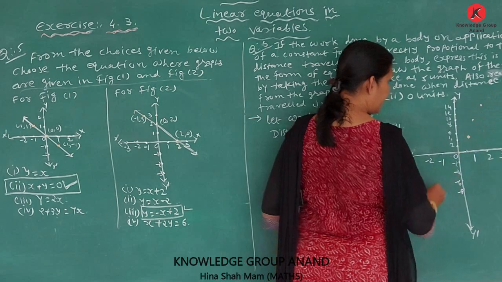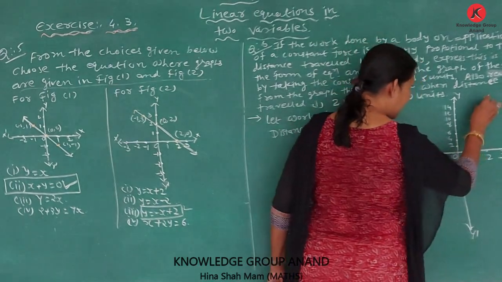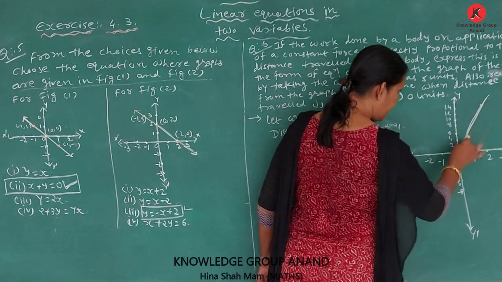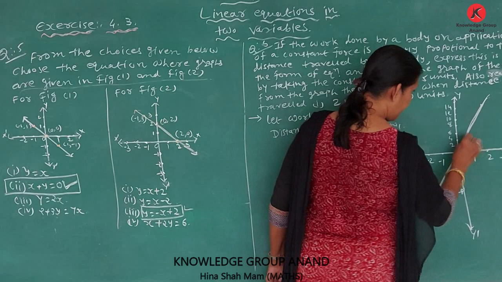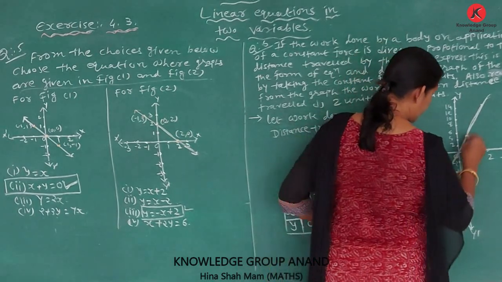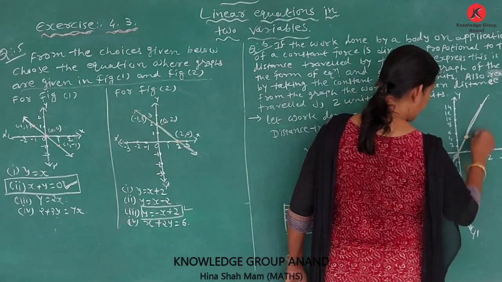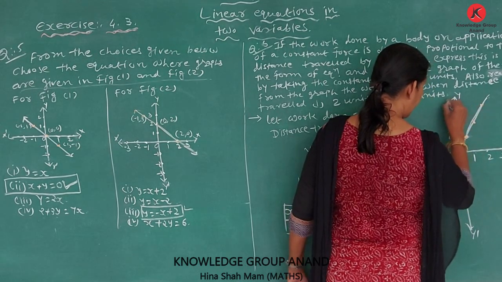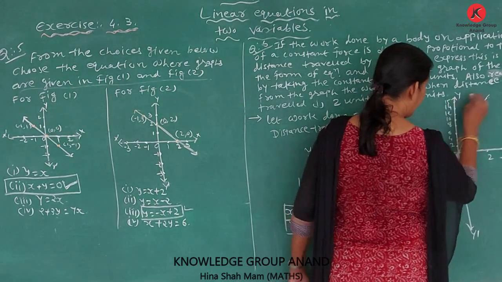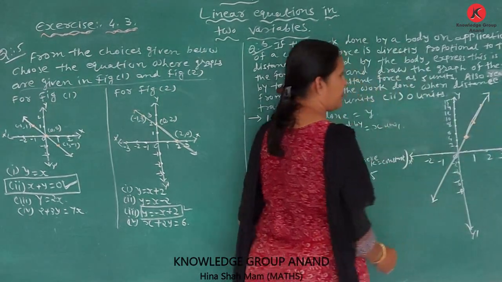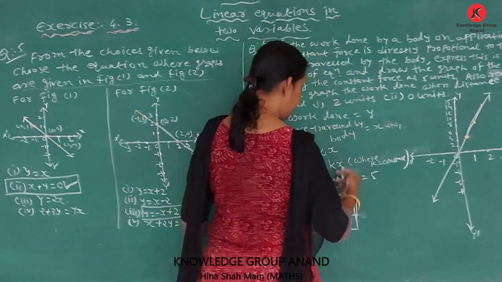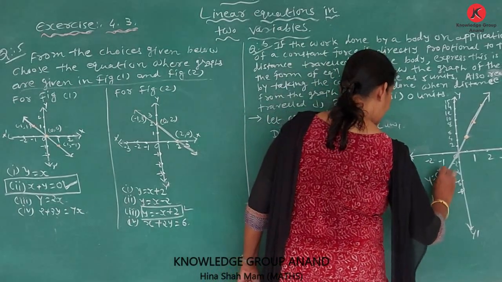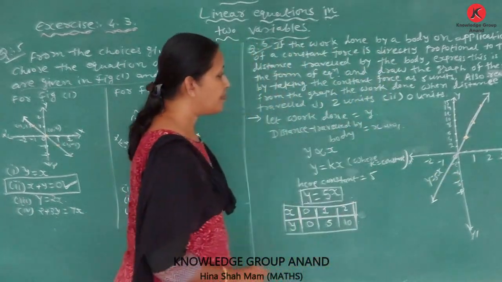Then our graph becomes a straight line. The points are 2, 10 and 3, 15. What is the equation? y is equal to 5x.